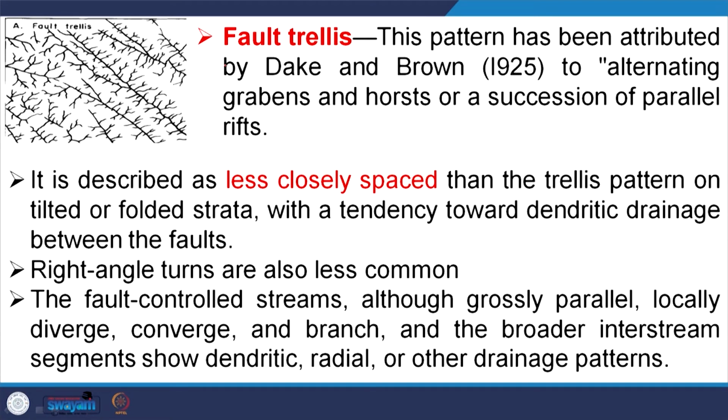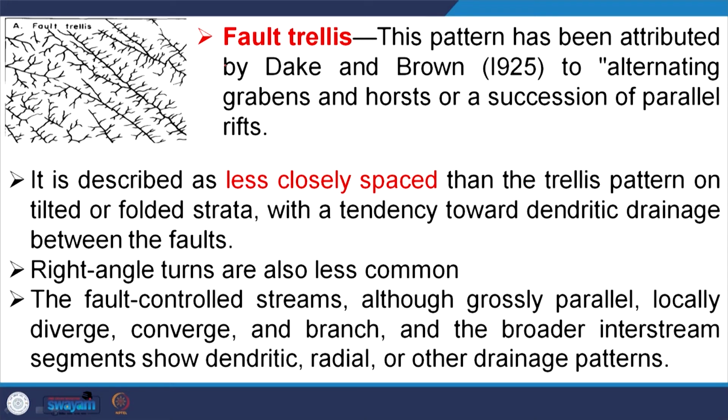We know grabens are depressed parts bounded by normal faults, and horsts are uplifted blocks bounded by two normal faults on both sides. So we have alternating ridges and basins.